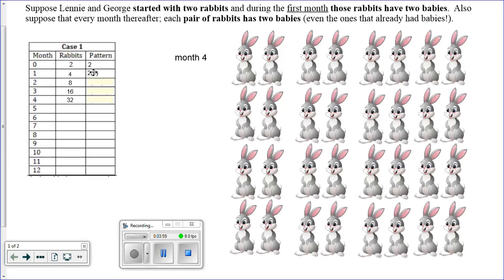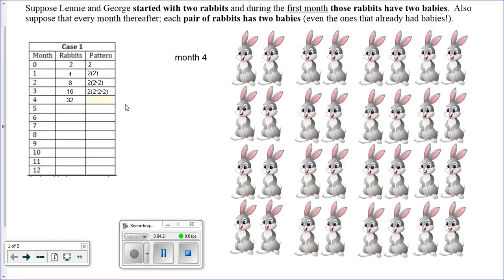Then I take that initial amount, 2, and multiply it by 2 and 2 again. So here we have 2 times 2 times 2. The original 2 from where we started, and then 2 times 2 is our 4 from last month.